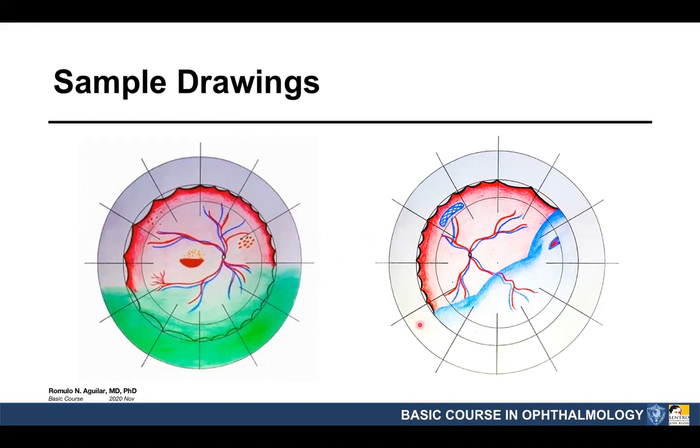Now, if, for example, this left eye had some degree of cataract and there was media opacity, you can denote this by just crossing it out with green lines. That would denote that there is some media opacity obstructing a clear view of the posterior pole.